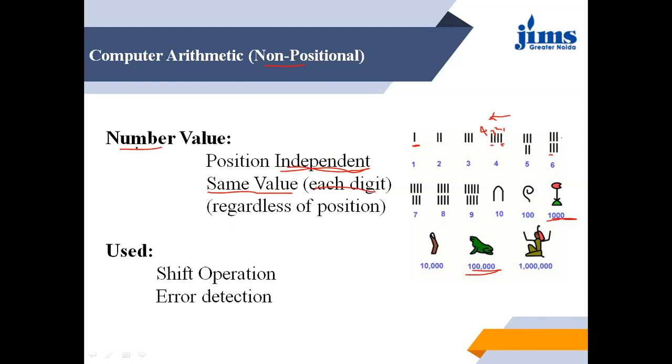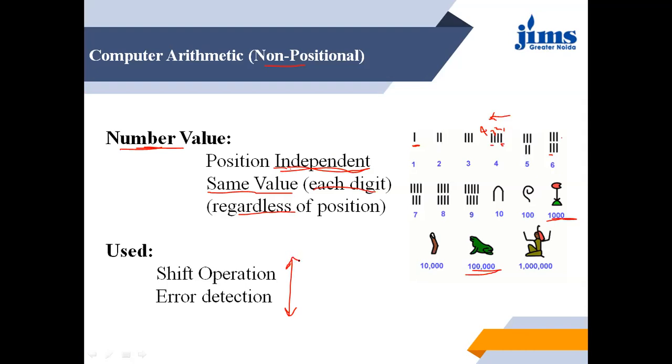So in the non-positional number system, the value of a number is independent of the position, not based on the position. These are used in shift operations and error detection operations.